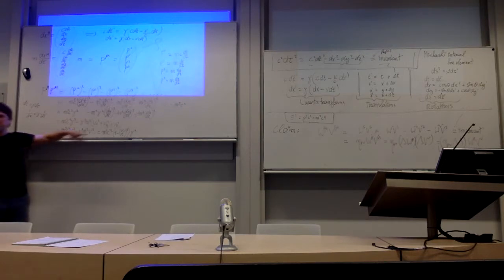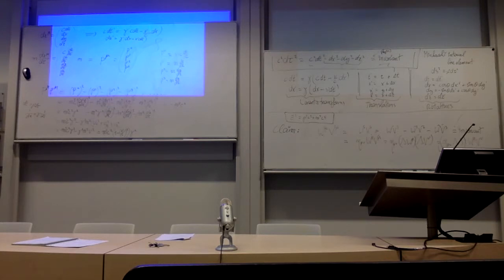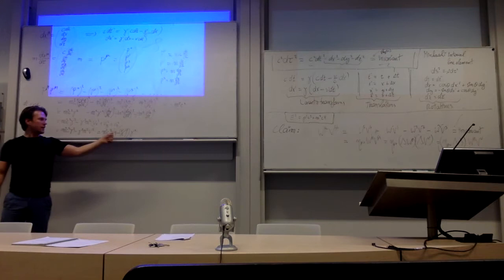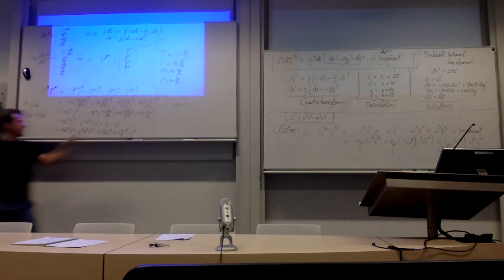This is just algebra from here to here. What I did here, I took an m squared c squared out. There's a gamma squared that I can also take out of the brackets. What you can also do is just multiply these brackets out. m squared c squared times 1 times this gamma gives you this.